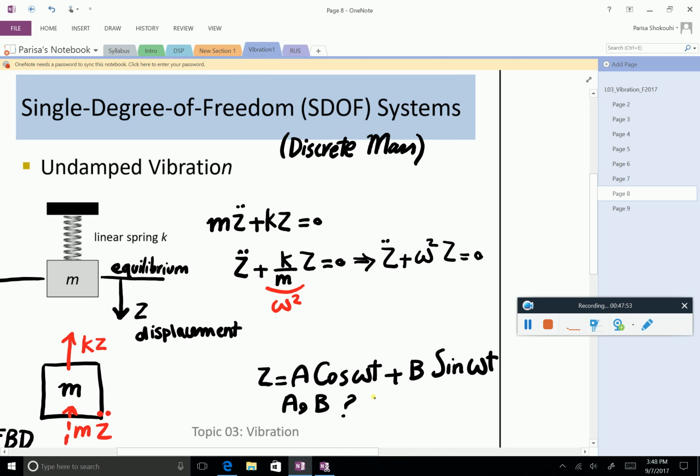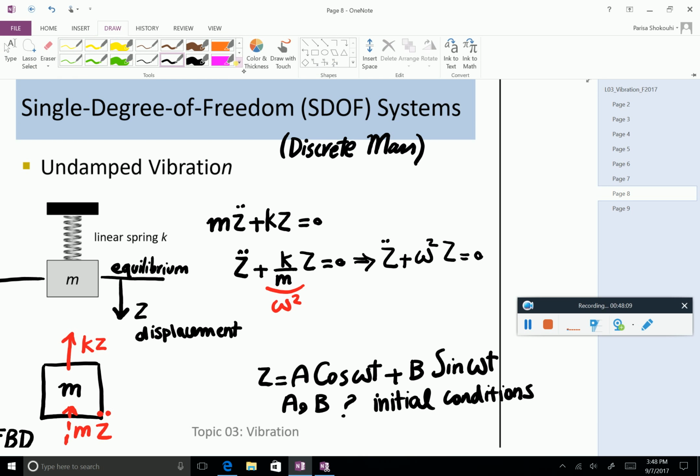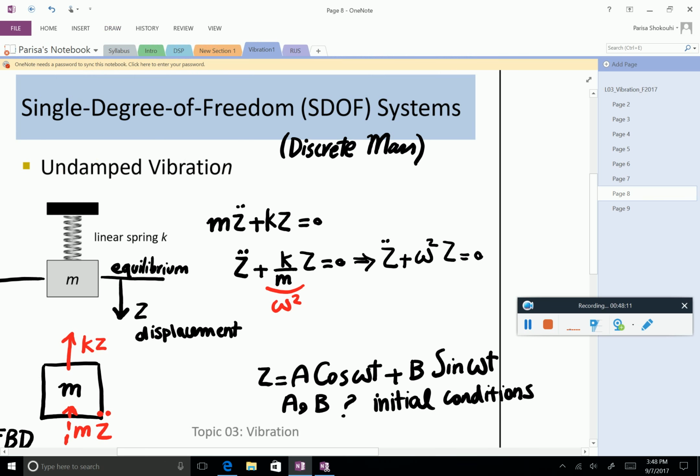For that we have to look at what is called initial conditions. And we need to talk about omega just a little bit because this turns out to be a very important thing. And we can gain some intuition even in this very, very simple system.